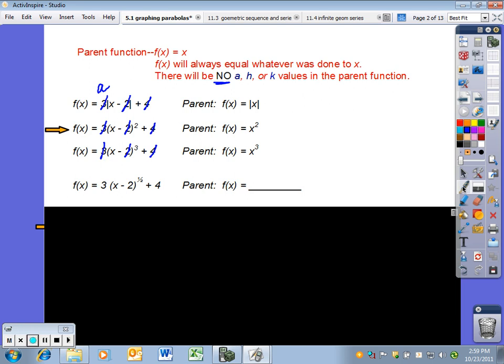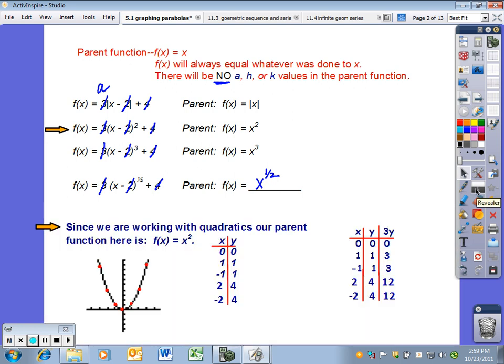If I take away the a, the h, and the k, can you tell me what the parent function would be? F of x equals x to the 1/2 power. See how we get the parent function? Take away everything else except what was done to x. So our parent function was right here. This is the one we're studying for quadratics. Y equals x squared.